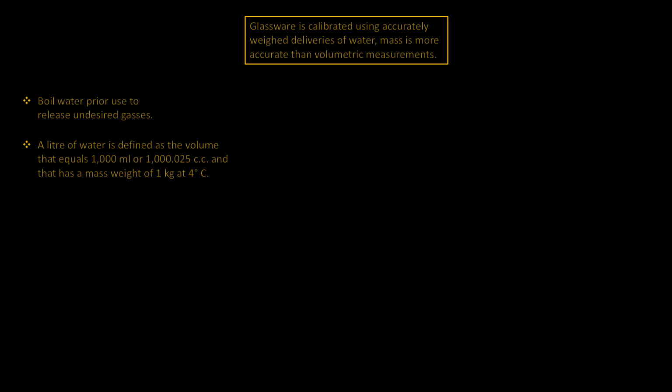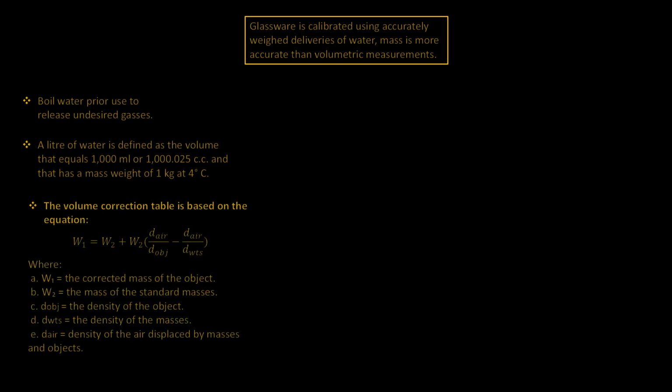The correction table is based on the equation shown where W1 is the corrected mass of the object, W2 is the mass of the standard masses used, and d object is the density of the object, where d WTS is the density of the masses, and d air is the density of the air that is displaced by the masses and the object. Using the tables is far less time consuming.